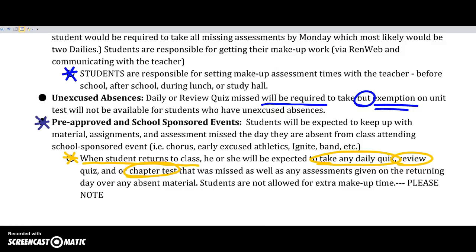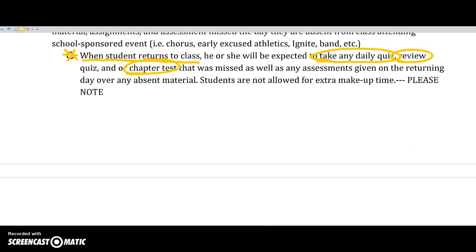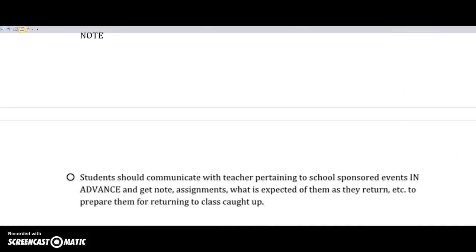Please note. So if your student will be absent, we highly encourage them to come and communicate with the teacher pertaining to the school-sponsored event in advance. Get those notes, assignments, what's expected of them as they return, etc., to prepare them for when they are returning.